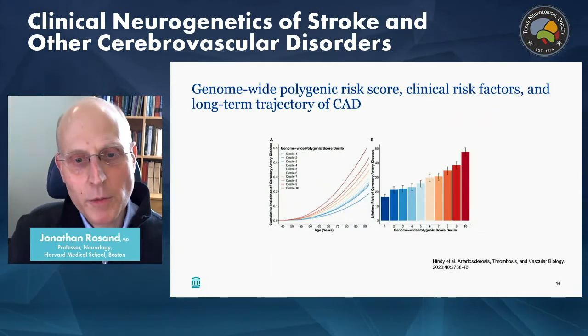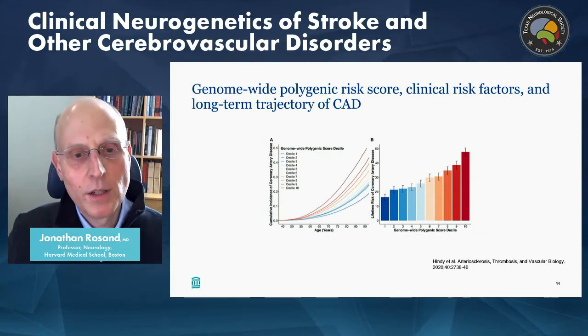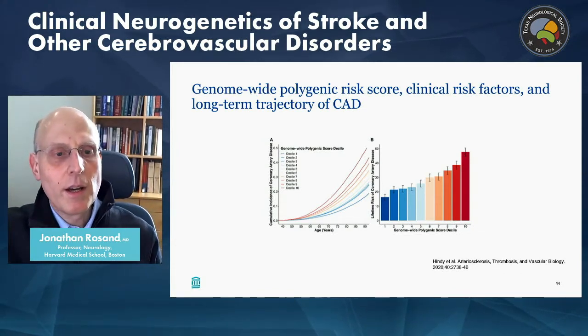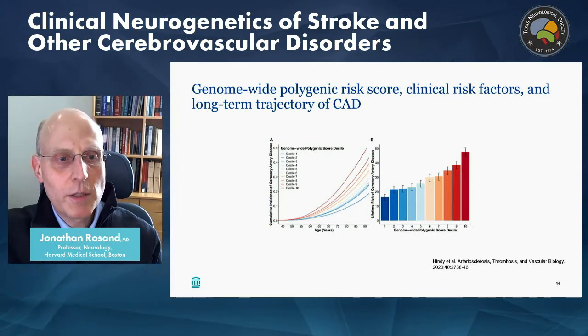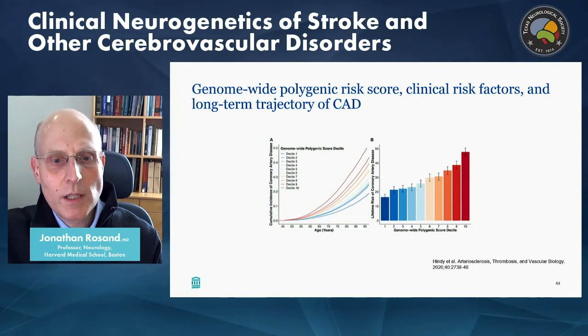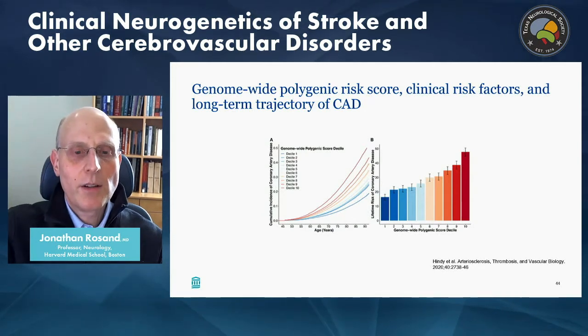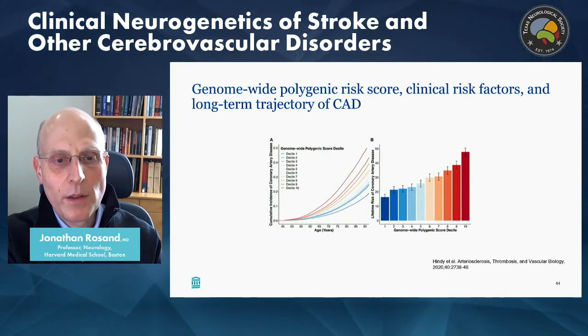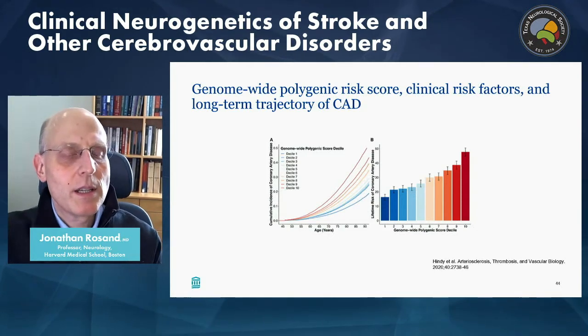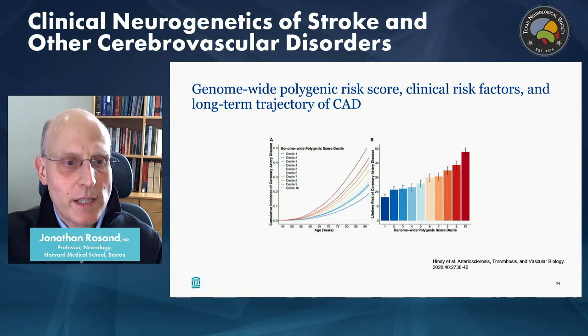Here's a paper that was published on coronary disease just over a year ago. And what you see here is individuals were, on the right, categorized according to their genome-wide PRS, by decile of risk for coronary disease.